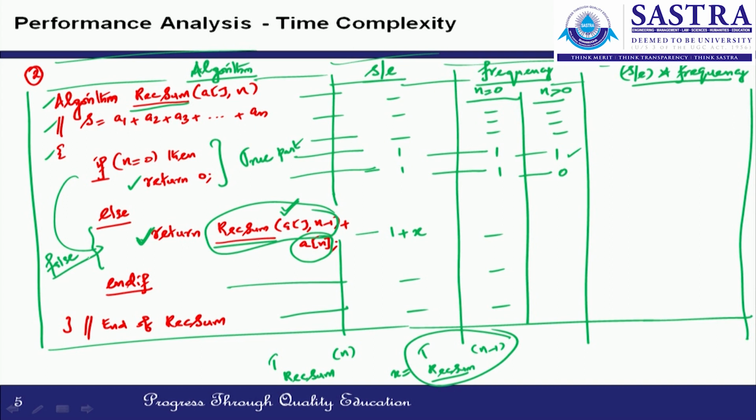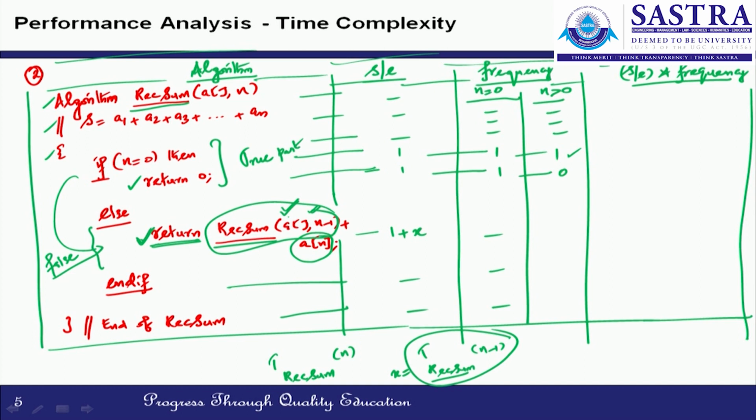Even if this is the recursive call, recursive sum a array comma n minus 1, how many times this return is called during the execution of the algorithm? This return is called only one time. However, this recursive procedure is called many times. The return invokes a recursive call, which may invoke further recursive calls based on the value of n.